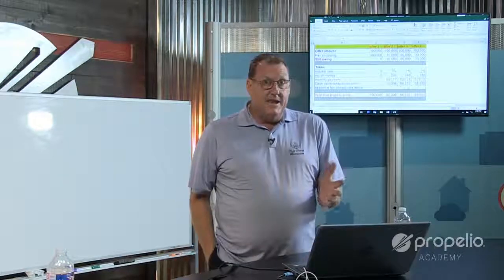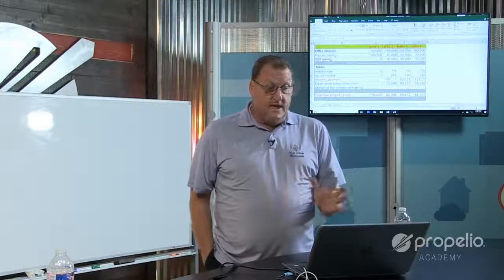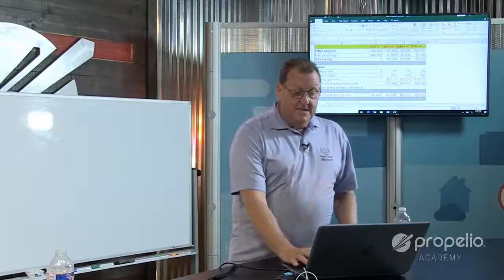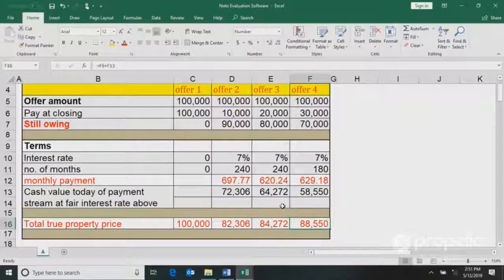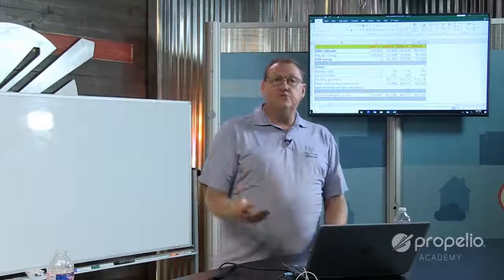So the payment's only about $9 different from the $620 in scenario number 3, but you're getting $58,000, and at the end, you're coming up with $88,550. This better answers the question of what an investor would pay for a deal based on the terms used in the deal.